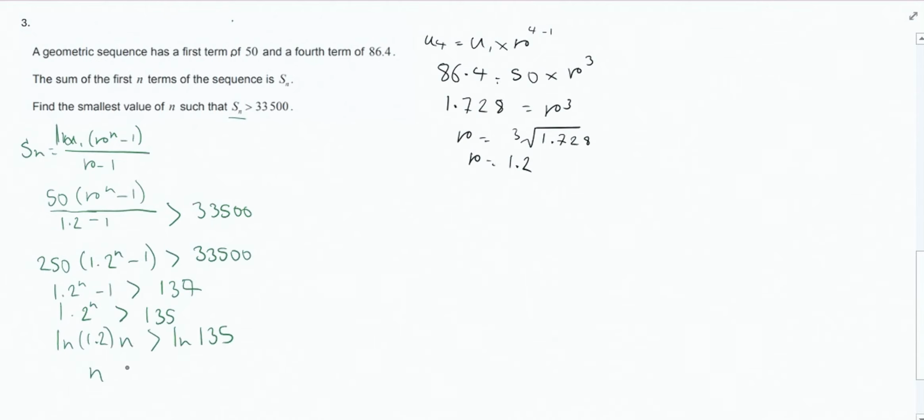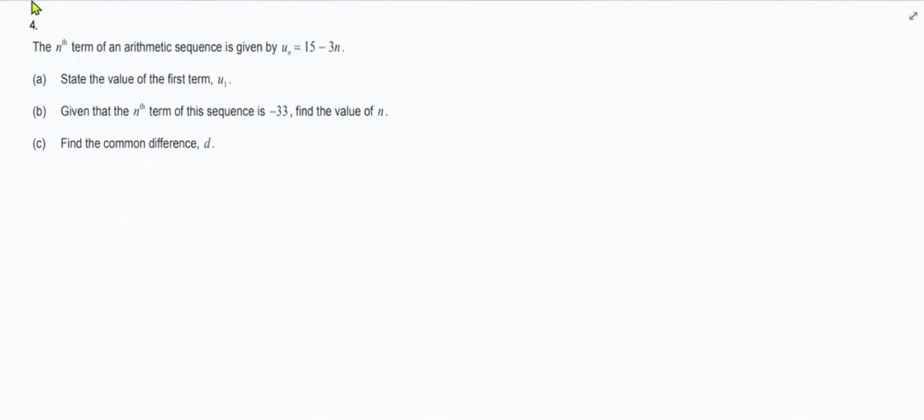So n is greater than ln 135 divided by ln 1.2, and our n value comes as 26.990.